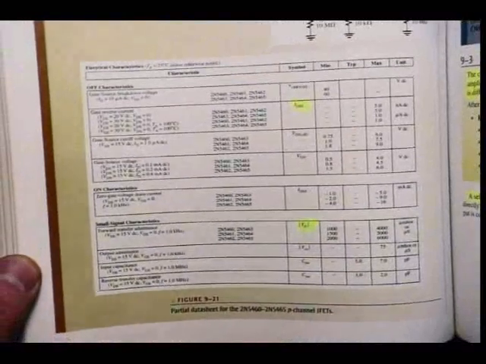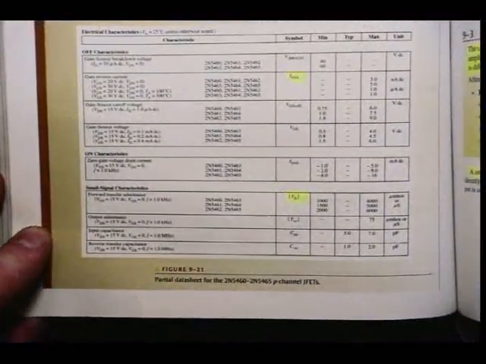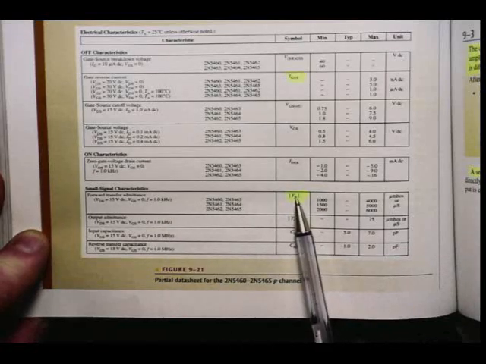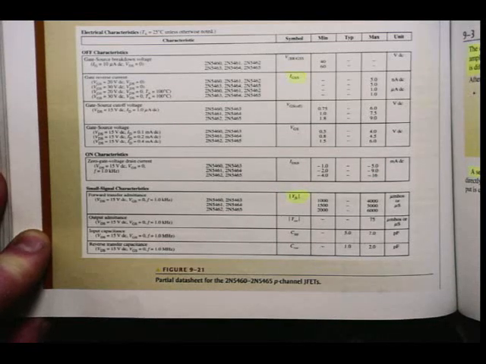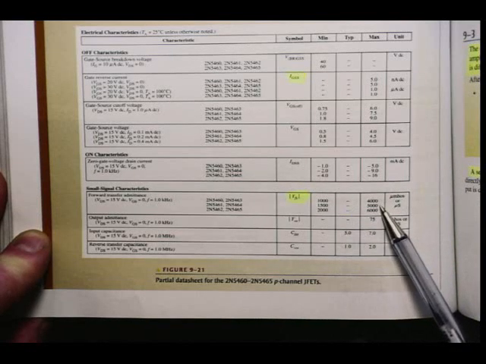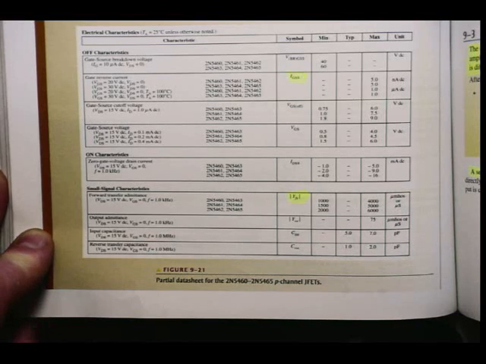Can you find the value for gm, which is actually called YFS? Can you see it there at the bottom of the page? And remember what they said? What value do they use there? 1000 microsiemens. So remember, it's the minimum value, not the maximum value that's given on the data sheet.